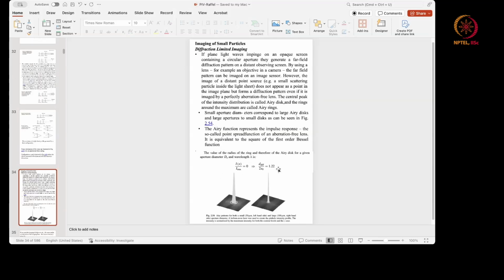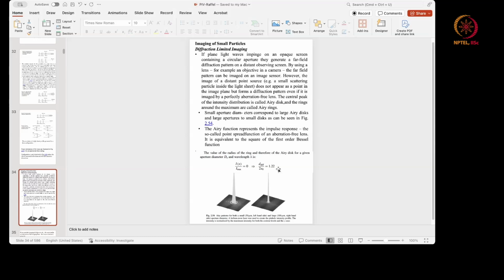Now we take a little bit of a look at the imaging of small particles. You know that we have already done it in our diffraction lecture. What happens is that when you have light waves hitting an opaque screen which contains a small circular aperture, it can be a particle also, they generate a far field diffraction pattern on a distant observing screen. This we already have seen about the Airy disks.